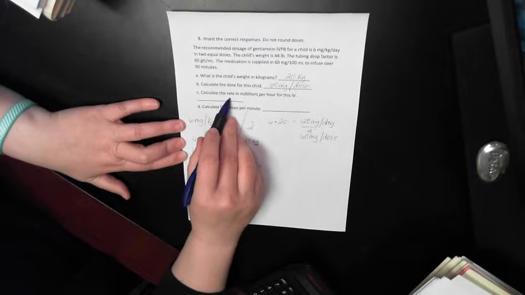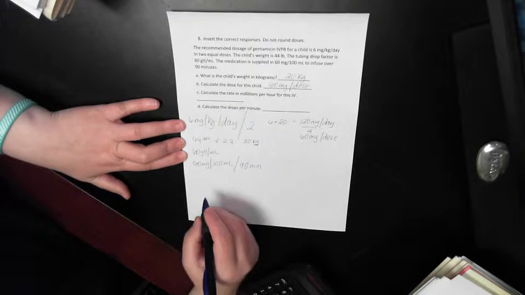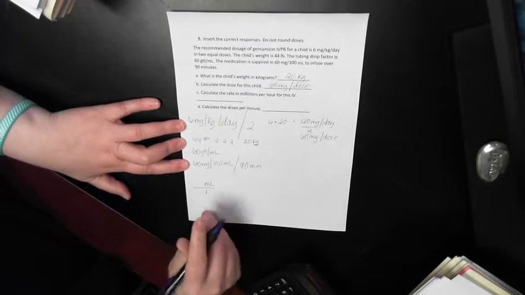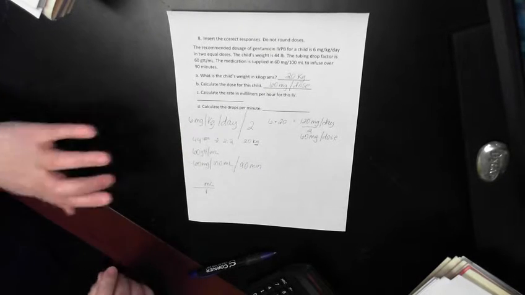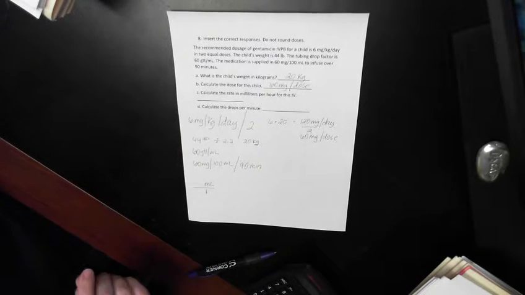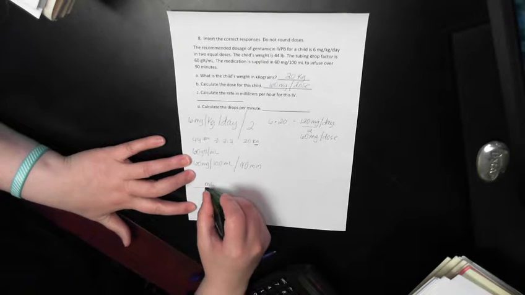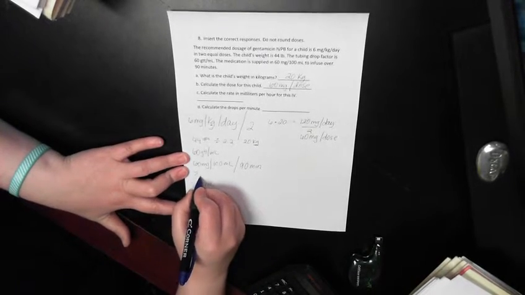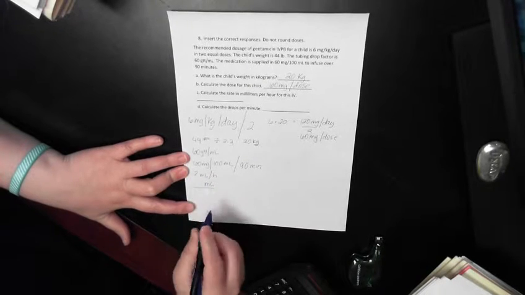And then we want to calculate the rate in milliliters per hour. So I'm going to put this down here. Whoops. I didn't mean to put hour there. So again, we're going to solve for milliliters per hour.